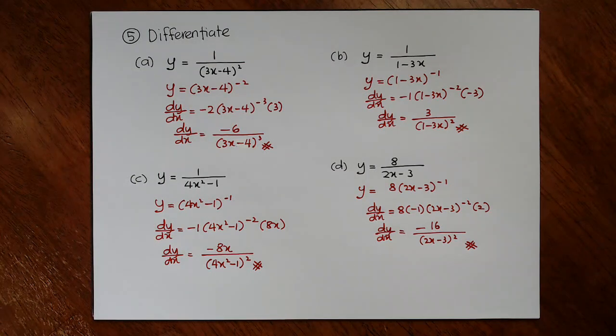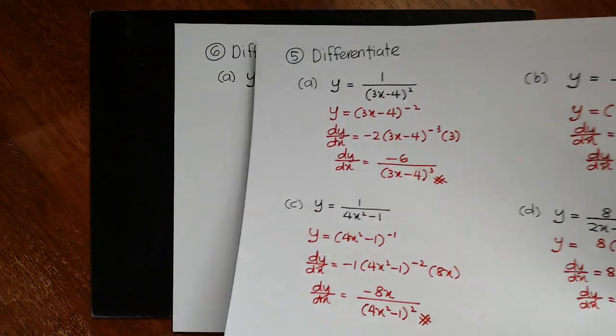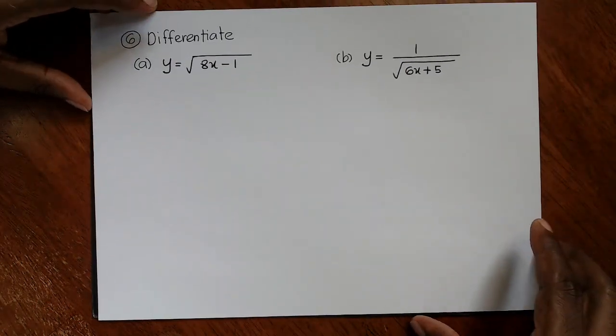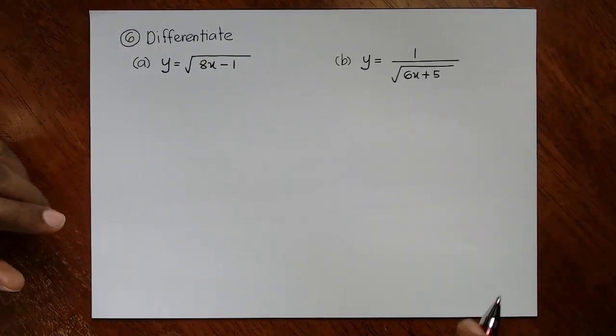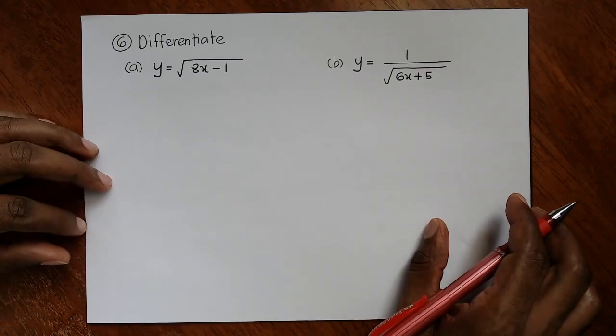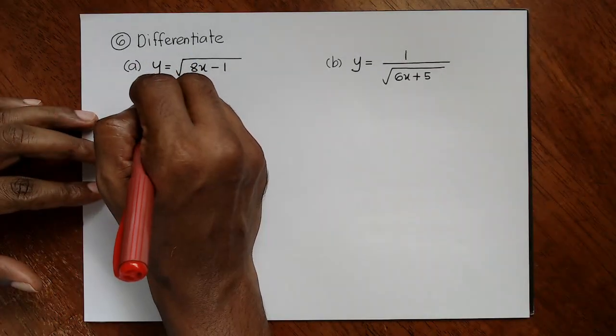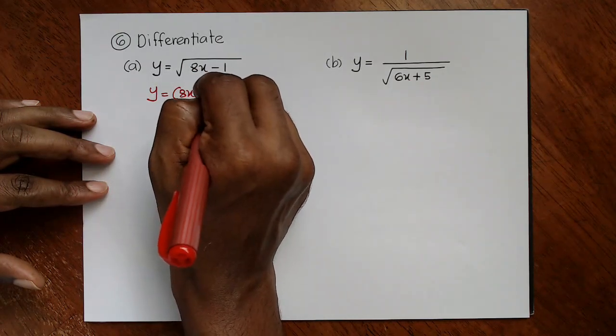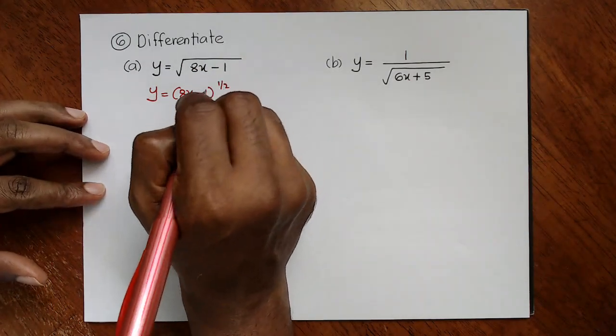We have the third ones. Again we should change the third form into index form. So this will become y equals (8x minus 1) to the power of half, and you definitely cannot expand that, so we have to use the bracket method.